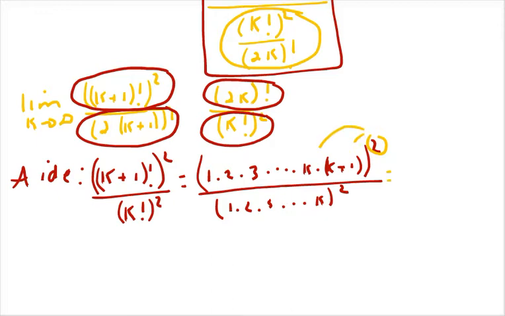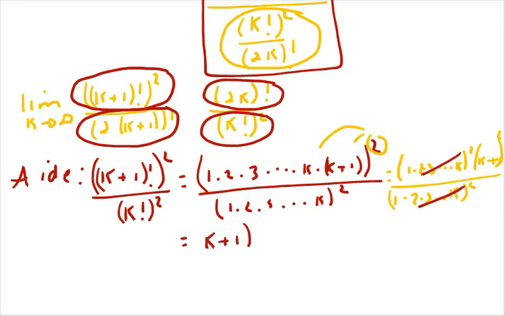So this is the equivalent of 1 times 2 times 3 times k squared times (k plus 1) squared over 1 times 2 times 3 times k squared. So these two things can cancel out, and what you're left with up top is (k plus 1) squared.